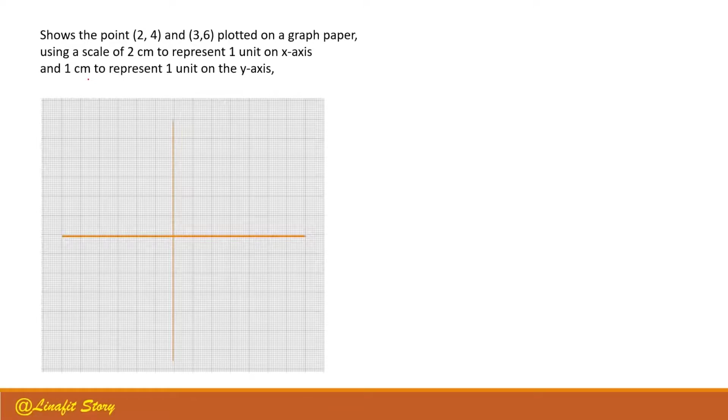This shows the points (2, 4) and (3, 6) plotted on graph paper using a scale of 2 cm to represent 1 unit on the x-axis and 1 unit to represent 1 unit on the y-axis. So here is the x-axis. This is 1, 2, 3.